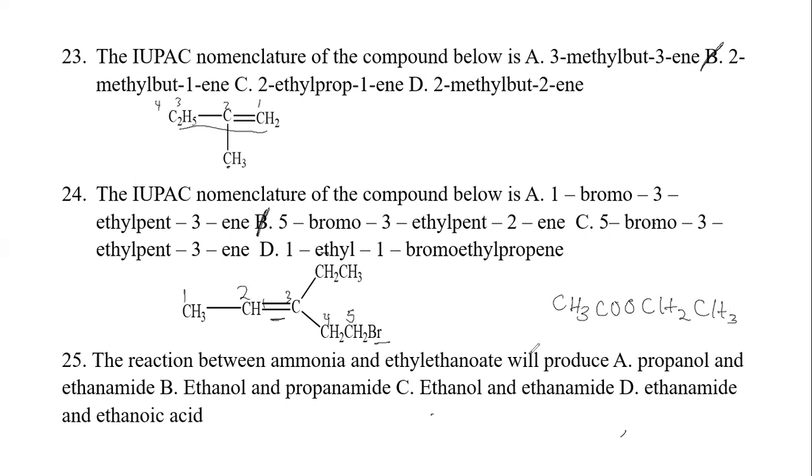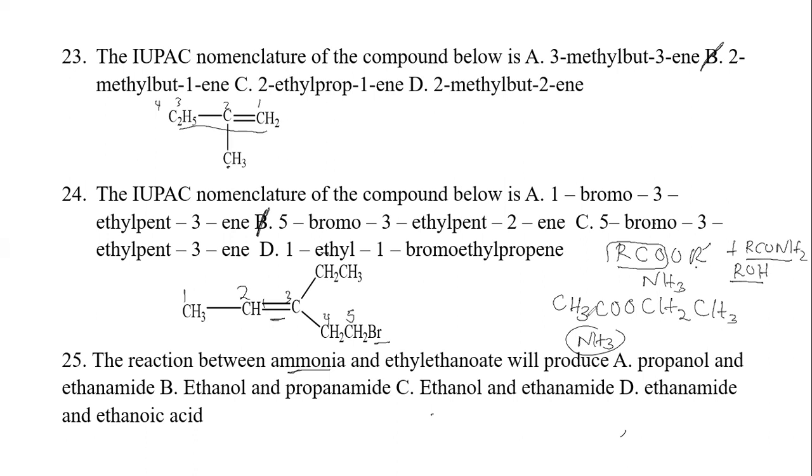So when ester reacts with ammonia, NH3, what is going to happen is that this one is going to turn to amide, and this one will turn to alkanol. So one of the H comes here, we are going to have ROH, and then this one, RCONH2. So that is amide.